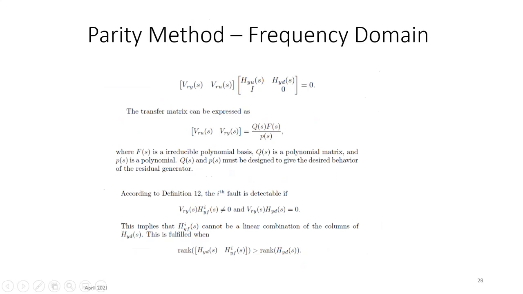What is F? If you remember, I wrote this matrix as the multiplication of two matrices divided by a polynomial. P of s is not a matrix, it's just a polynomial. It's a scalar. But Q of s is a matrix in general. It could be also polynomial, but it could be matrix. F is a matrix for sure. And F is the part that is in the left null space.